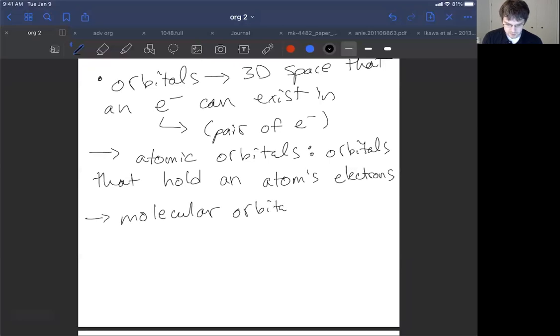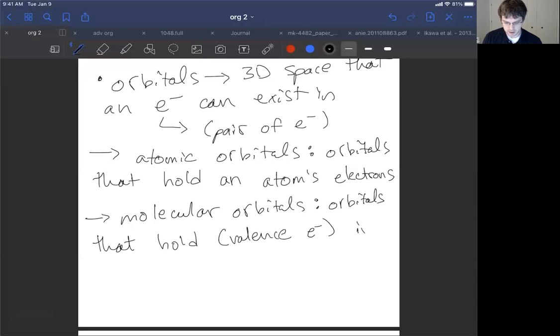And I've mentioned this before, at least in Organic 1. So again, these are the orbitals that hold valence electrons in molecules.